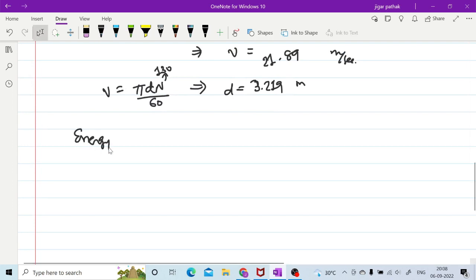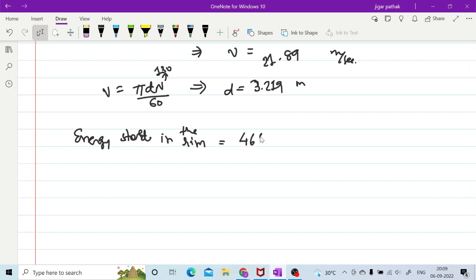So the energy stored in the rim is 46542 divided by 1.1. So it will give you 42311. So for calculating this rim dimension, you have to consider this E, right?